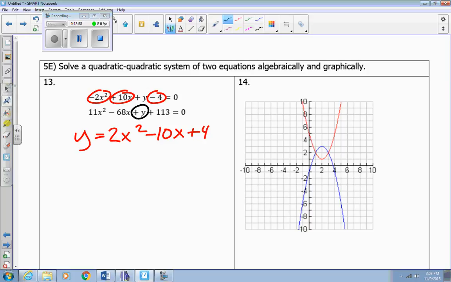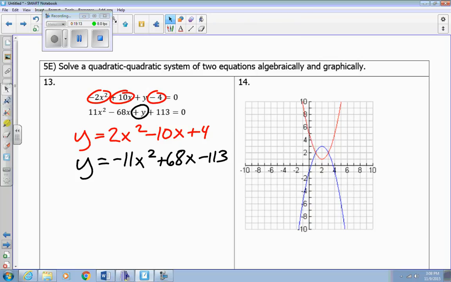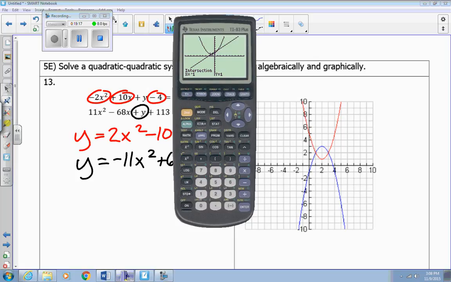So y equals, when you move 11x squared to the right side, it's going to be minus 11x squared plus 68x minus 113. Let's put this into the calculator. So I put them into y equals. Let's graph them.